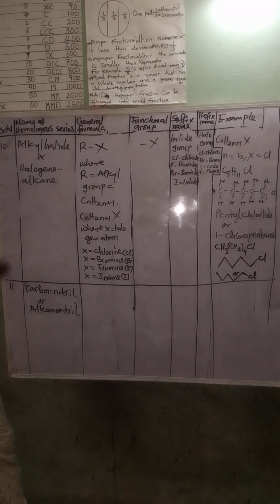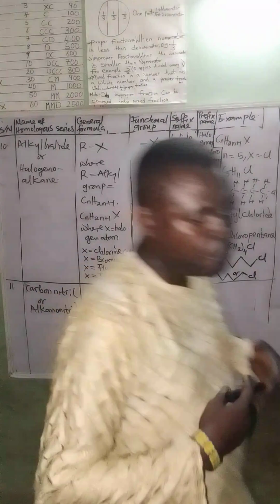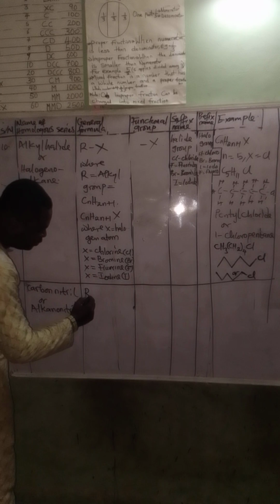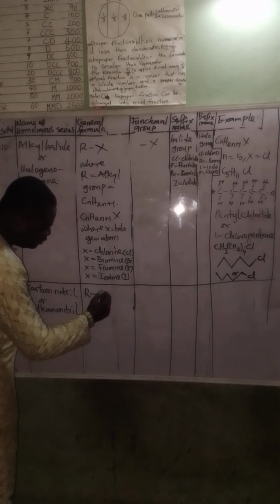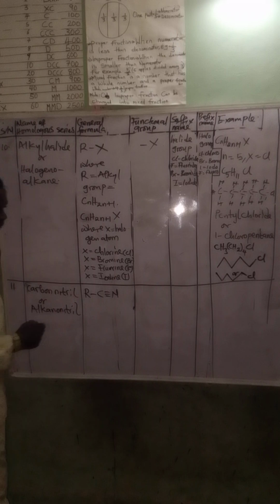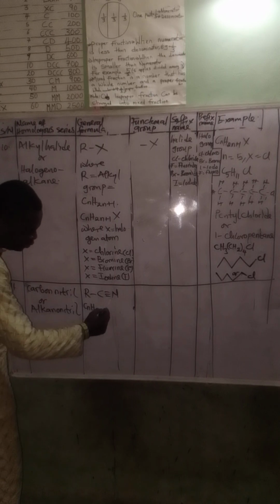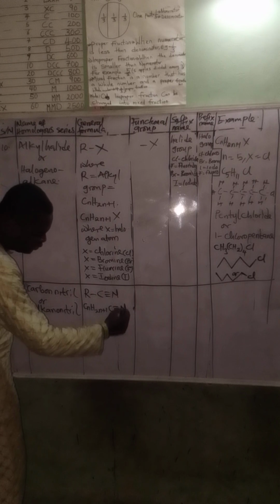Based on the style, I've not seen this in a textbook before, but personally, I call it alkanenitrile. In this case, the general formula is CnH2n+1 with C triple bonded to nitrogen.